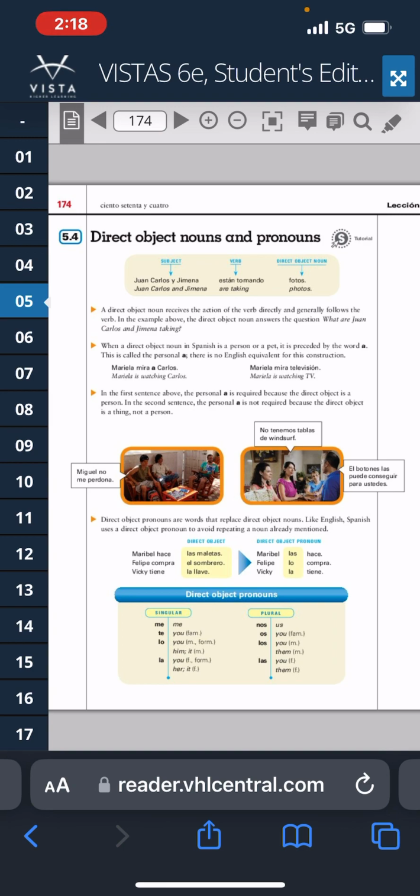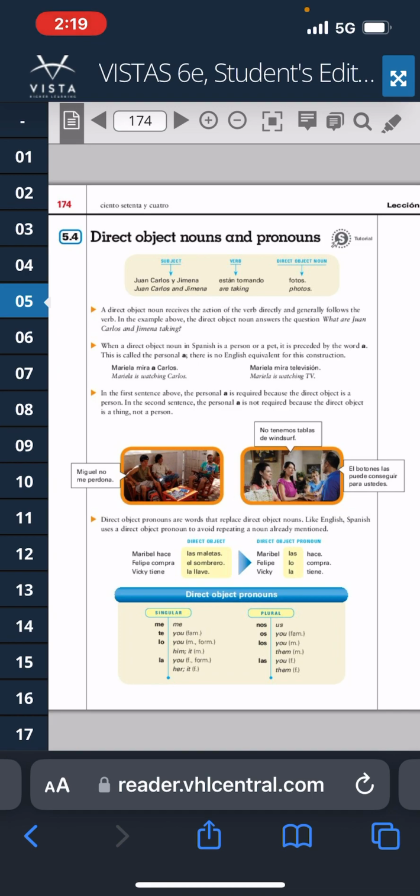Direct object pronouns are words that replace direct object nouns. Like English, Spanish uses direct object pronouns to avoid repeating a noun already mentioned. Maribe hace las maletas. Felipe comprará el sombrero.